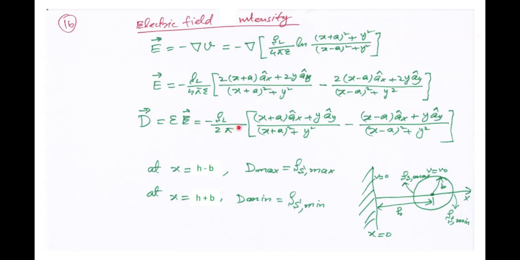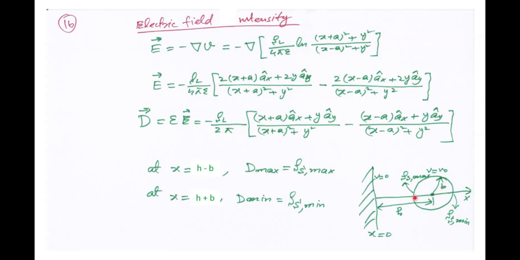So where would be the value of d field maximum on the cylindrical equipotential surface, and where would it be minimum? If you look at this figure, between the conducting surface at x equal to 0, where the potential is 0, at x equal to h minus b, we have the maximum value of d field, which on the conducting surface is equal to rho s.